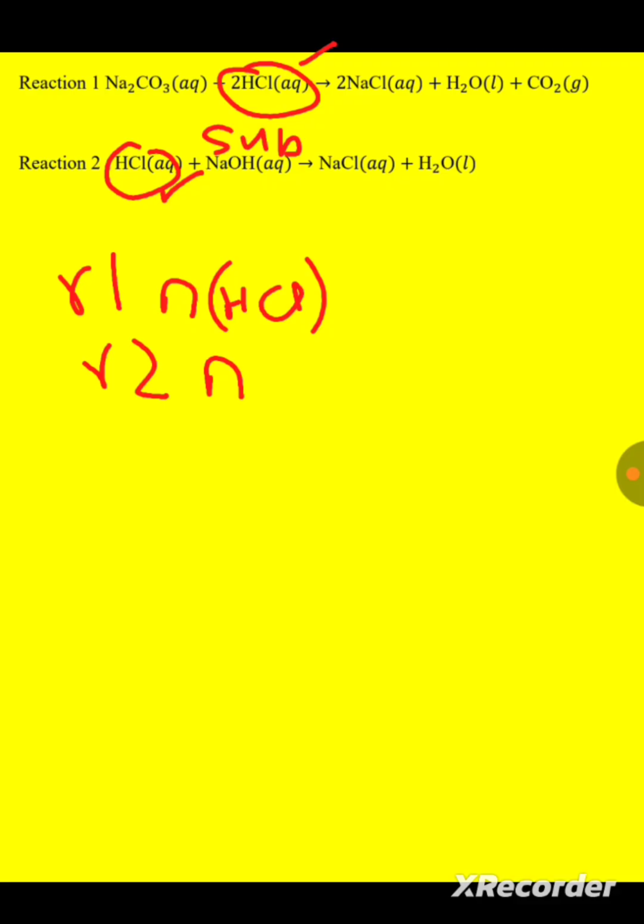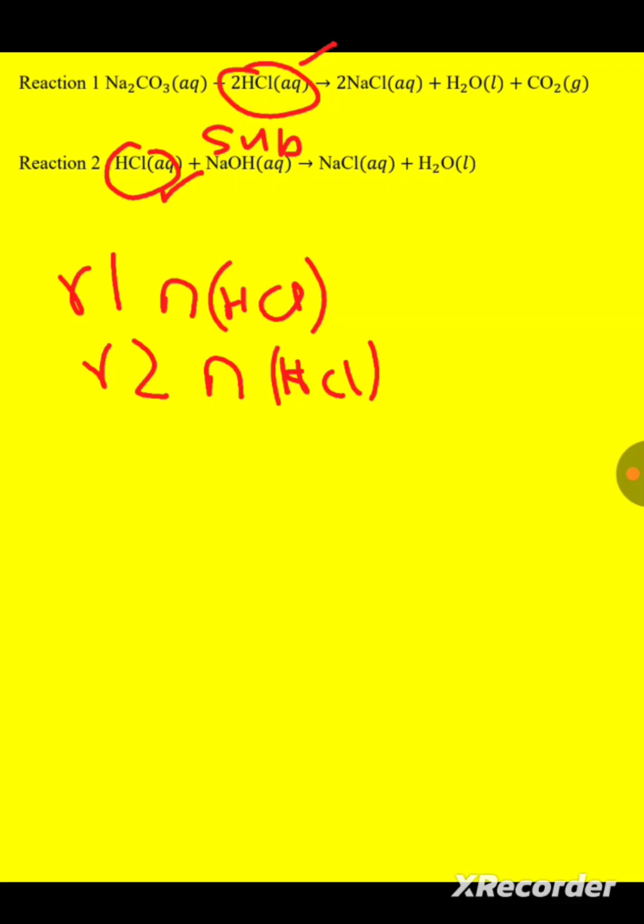You now subtract those two number of moles. So in reaction 1, you get number of moles. In reaction 2, you get number of moles of that substance that is repeating. In this case, HCl. We are talking about the reactant, the substance that is repeating on the reactant side.